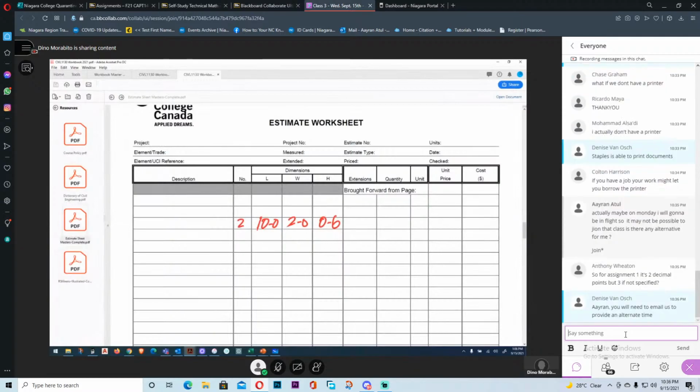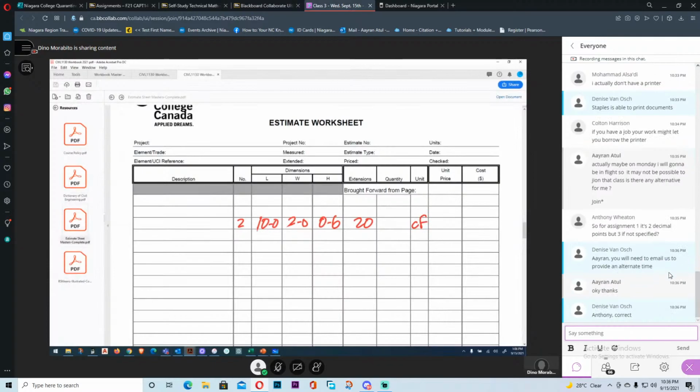That's 20. 20 times 0.5 is 10. Multiply that by 2 again. So my answer here would be 20, and my units would be cubic feet. Okay, and this could be question number 4.